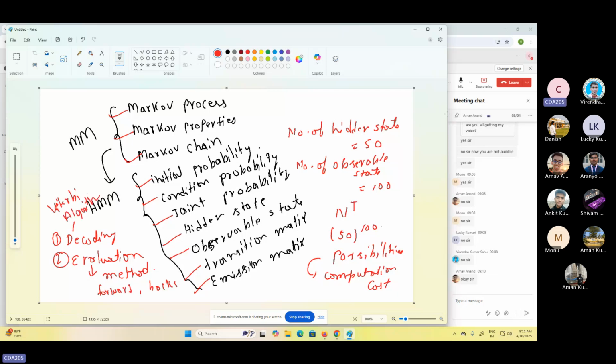So today we are going to see the decoding process, the decoding algorithm of HMM, how it will be solved. Without going through all the possibilities, we can reach the particular possibility. Are you clear with this?